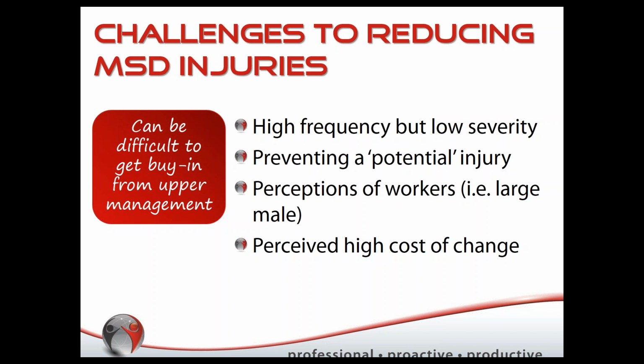But it could be something like a lift assist, a rotating pallet, a height adjustable pallet. Those kinds of things can be a little bit more expensive, or even redesigning a workstation. If you're going to have to do some construction, maybe the line has to go down.